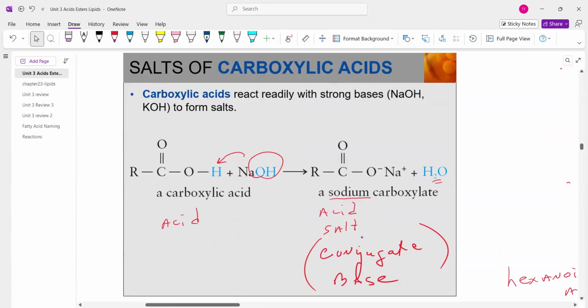Here we have a basic environment, so pH greater than 7. Then we have the OH of the sodium hydroxide combining with the hydrogen of the acid, forming water and the corresponding salt, the leftover sodium.